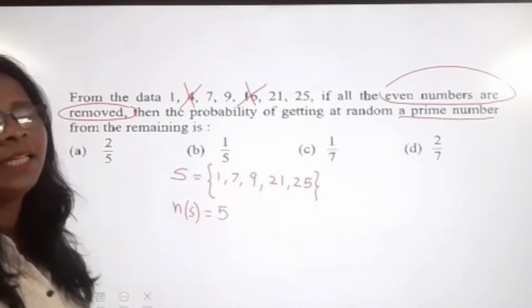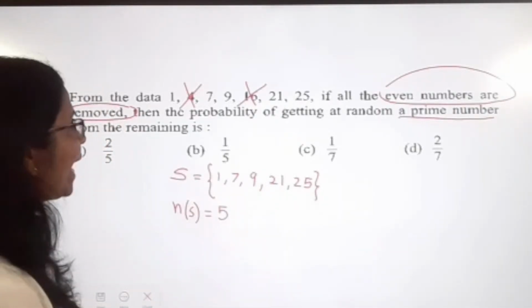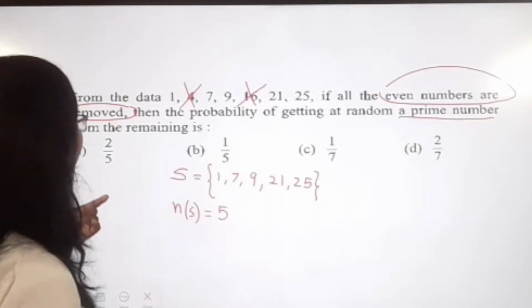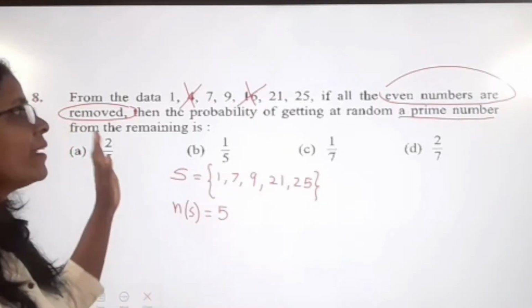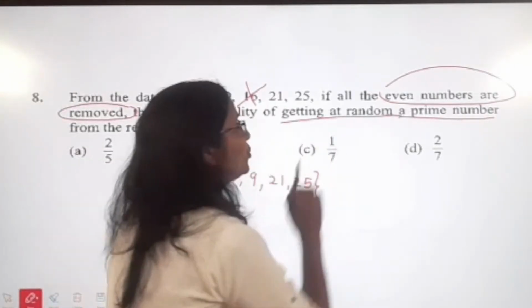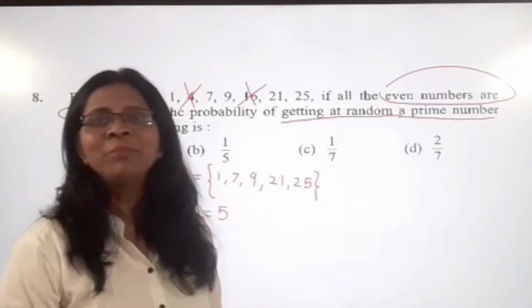And now the event is there, and that event is getting at random a prime number.